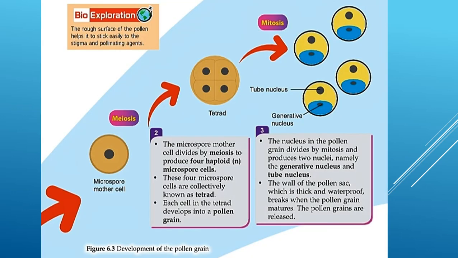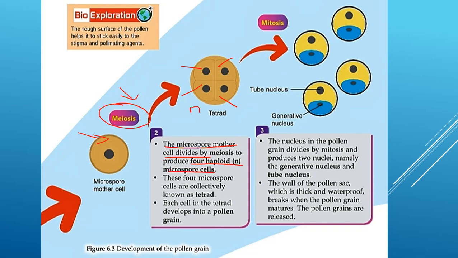The microspore mother cells divide by meiosis. If we take one microspore mother cell, it will undergo meiosis to produce 4 haploid microspore cells. 1, 2, 3, 4. They undergo meiosis and produce these 4 microspore cells, which are haploid, n.